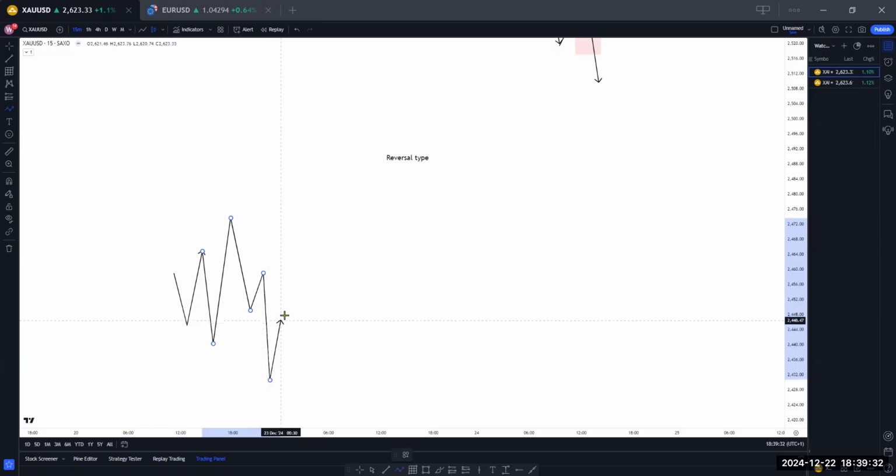We are expecting that price would come here and continue to the downside. This is type one. But in type two, when price comes back here, rather than price reacting to the downside to continue the bearish trend, price will break this again.